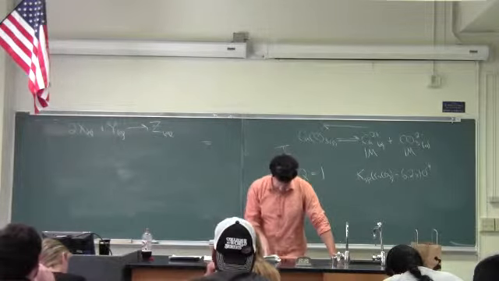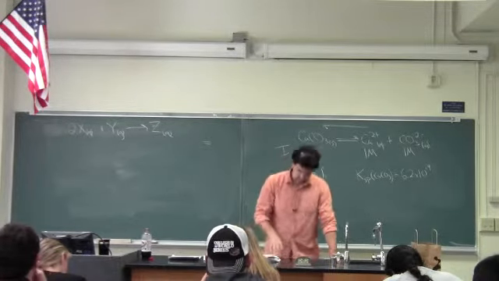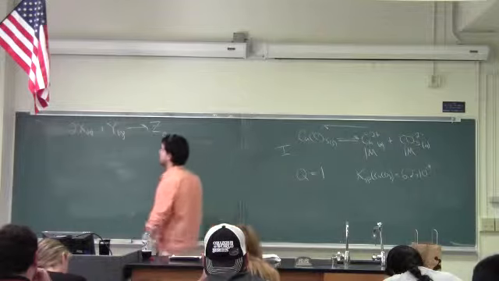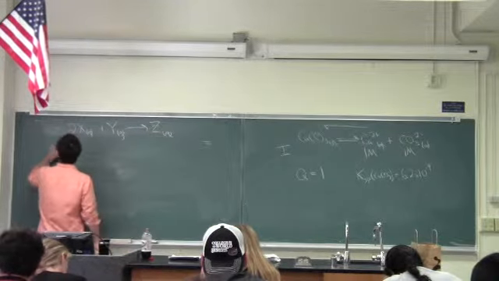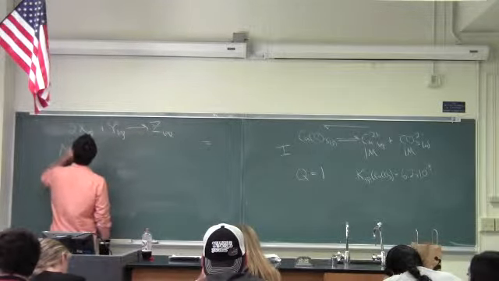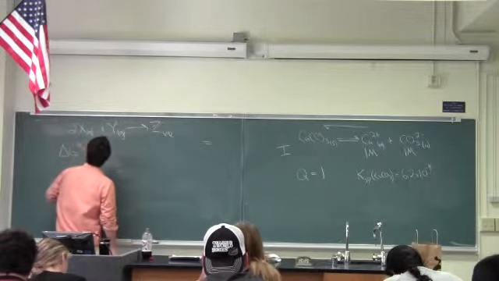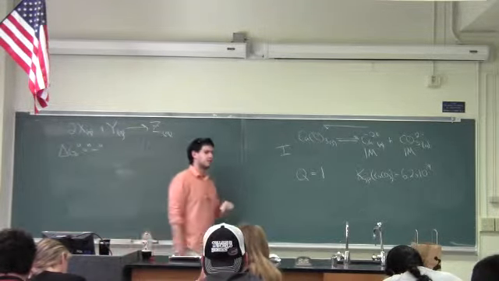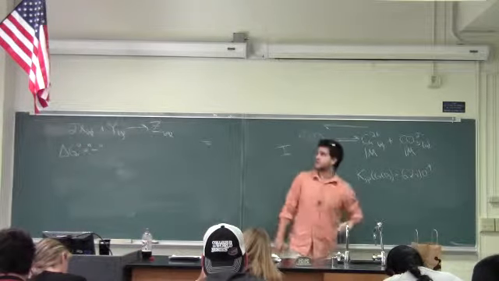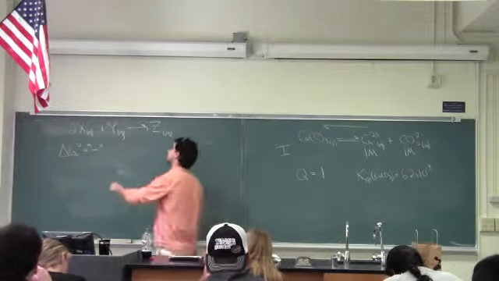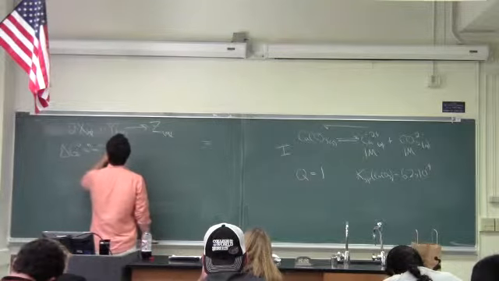Remember your products. All right, so 3 conditions we could have. Delta G is negative. We know this corresponds to a favorable change in free energy, and we know that this is spontaneous.